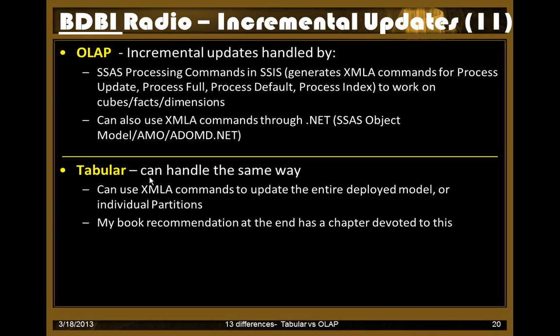And so those processing commands we can implement either on dimensions, on fact tables, on partitions, and we have the ability to do that in SSIS with a particular task that generates XMLA code against a cube. Or if you're using .NET, you can utilize the Analysis Services object model using ADOMD.net.